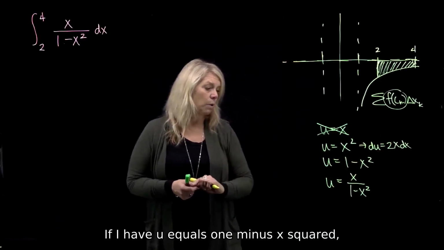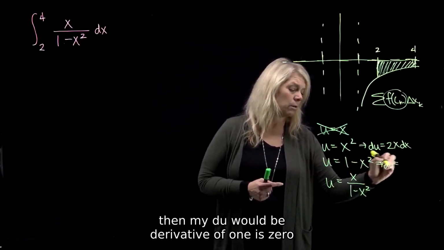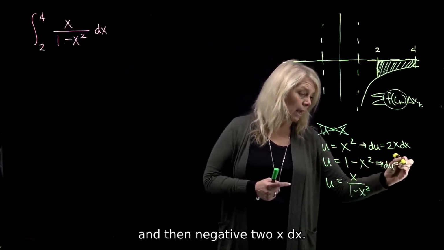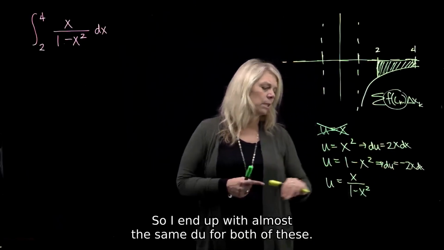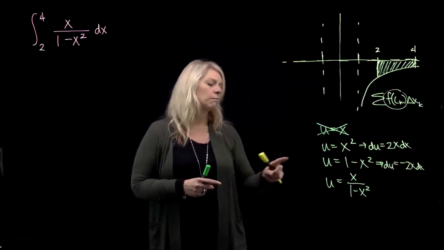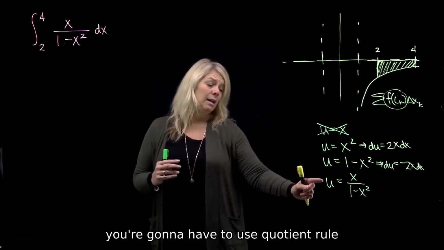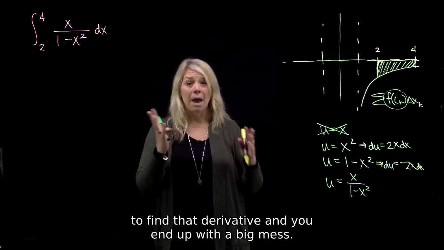If u equals 1 minus x squared, then du would be, the derivative of 1 is 0, and then negative 2x dx. So I end up with almost the same du for both of these. For the last one, you'd have to use the quotient rule to find that derivative, and you end up with a big mess.